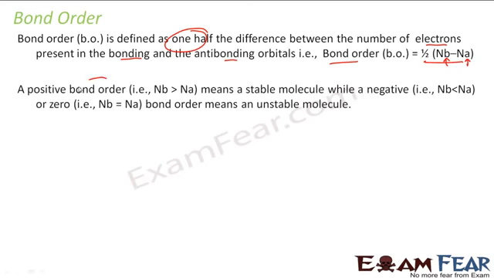So here also, positive bond order means the molecule is stable, and negative or zero means the molecule is unstable. Correct? Because if it is positive, that means the number of electrons in bonding orbitals is greater than the number of electrons in anti-bonding orbitals.